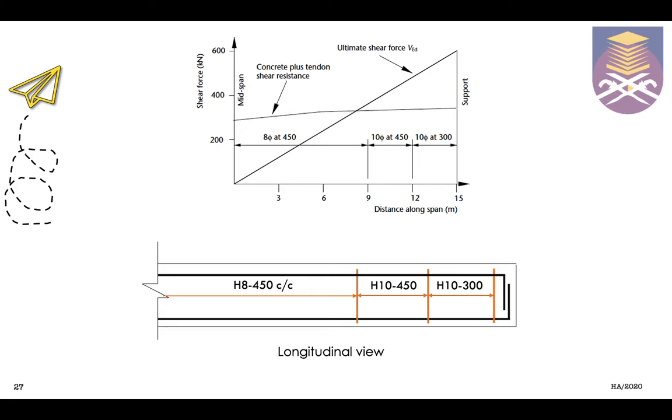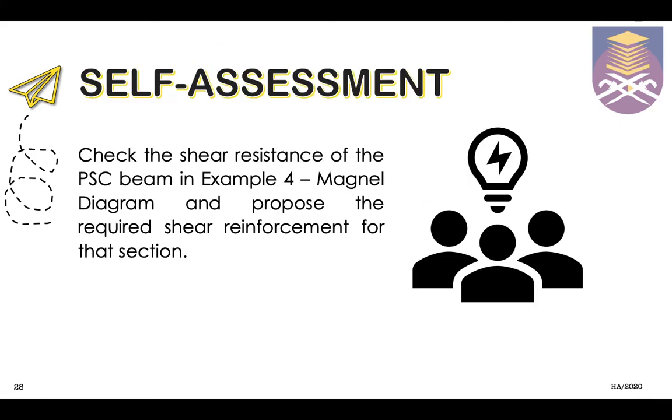We only apply this H10 300 shear reinforcement at the critical locations. For more non-critical locations, such as near the midspan, we can reduce the area of the reinforcement.